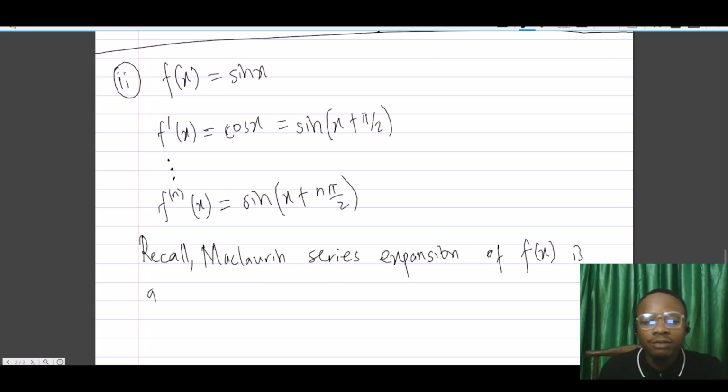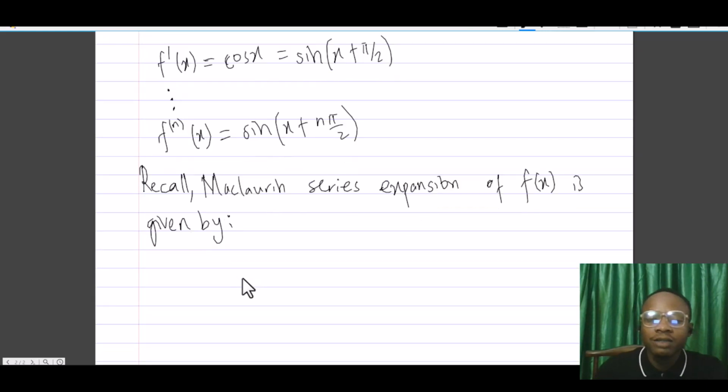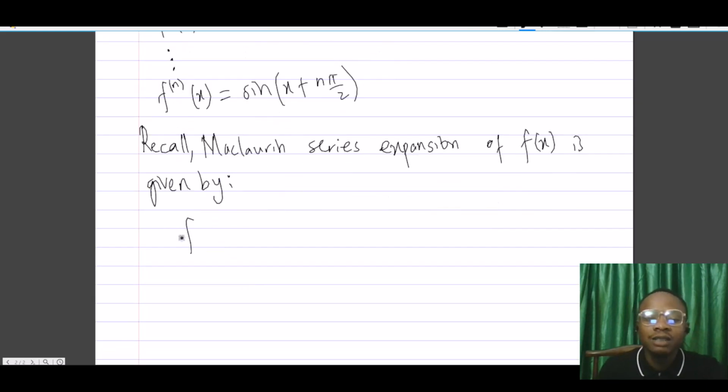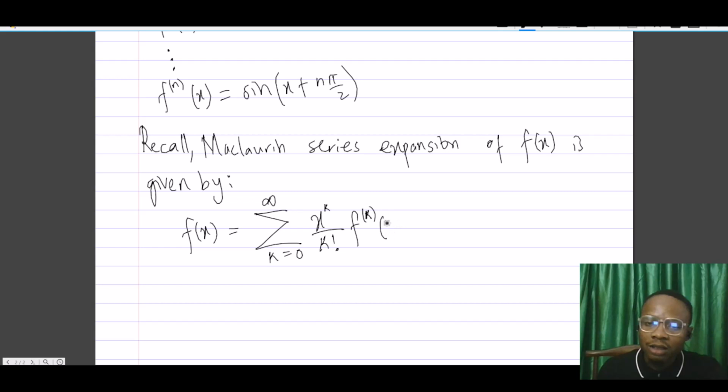We write out the general formula for the Maclaurin series expansion, which is that f of x equals the summation from k equal to 0 to infinity of x to the power of k divided by k factorial, multiplied by the kth derivative of f at x equal to 0. So basically, we should evaluate this at x equal to 0.